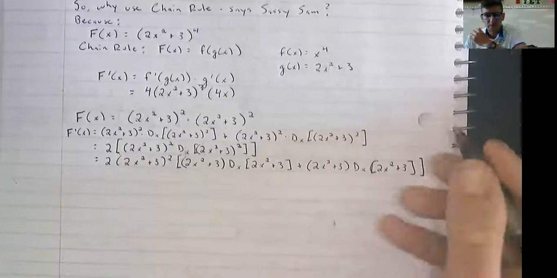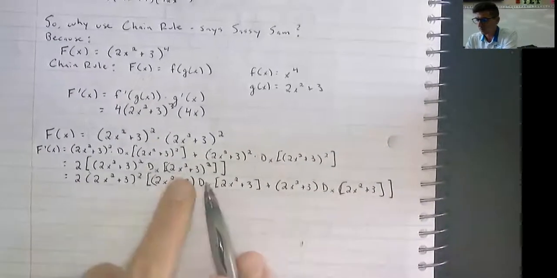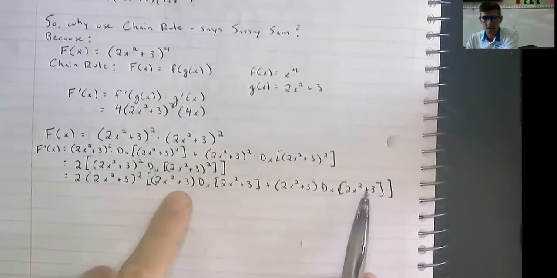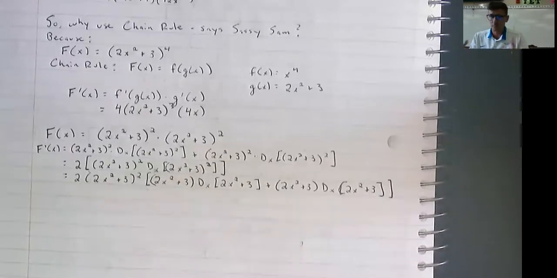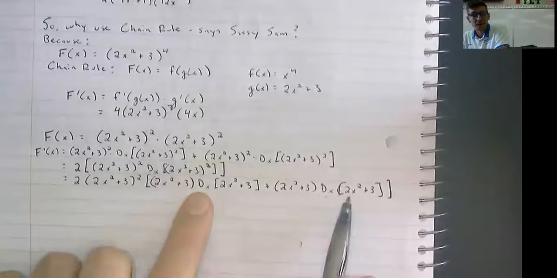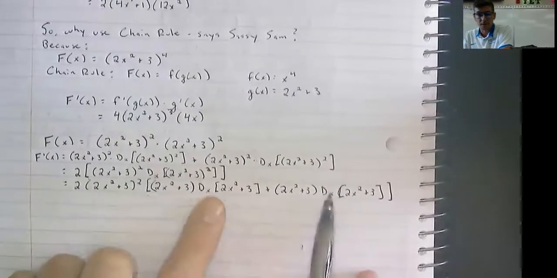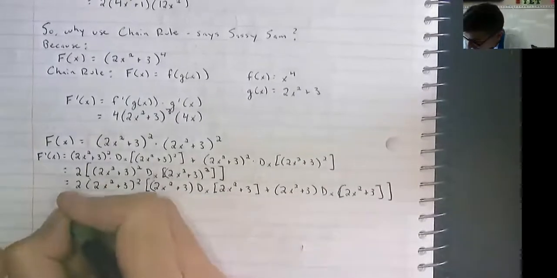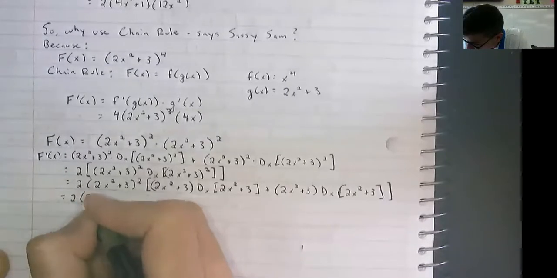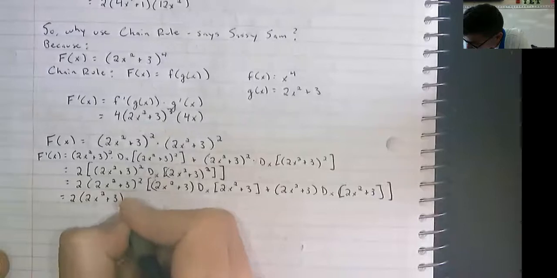Oh, okay. Let's make sure we're keeping track of everything. I think we're okay. We product ruled this thing, and it expanded into this thing, which is blowing up fast, but we're keeping a handle on it. We're okay. So we're again going to recognize that these are the same thing, and so we can write this as two of these things. So this is still 2 times (2x squared plus 3) squared.